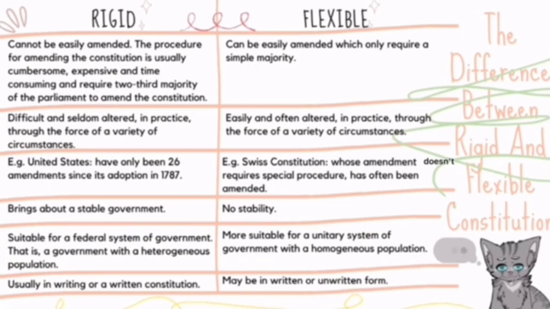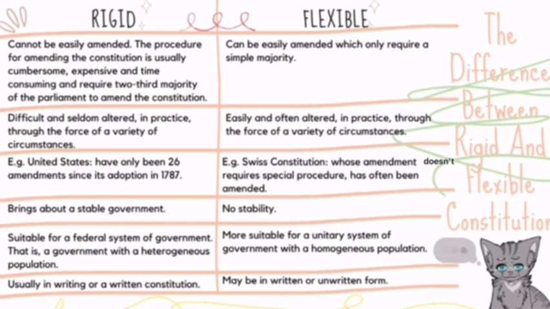Next, rigid constitution brings about a stable government since it cannot be easily changed to suit the interests of just one person, while there is no stability in a flexible constitution because it can easily be tampered with and may change easily.